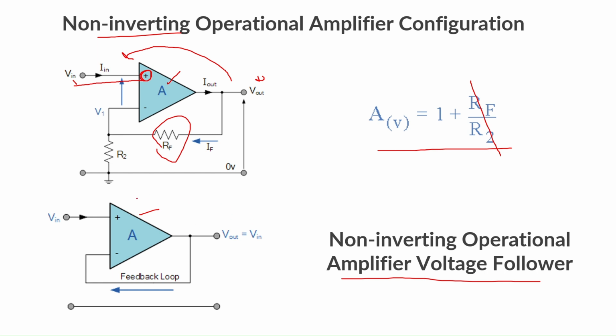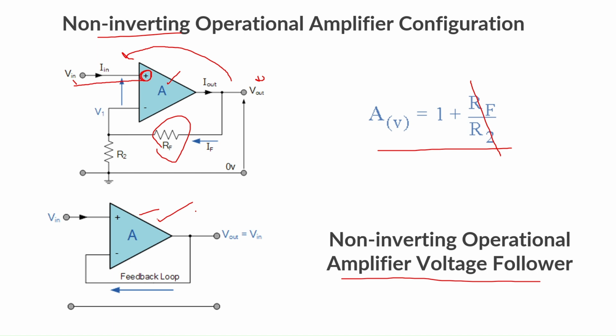This is the circuit for the voltage follower, also called a buffer, using a non-inverting operational amplifier.